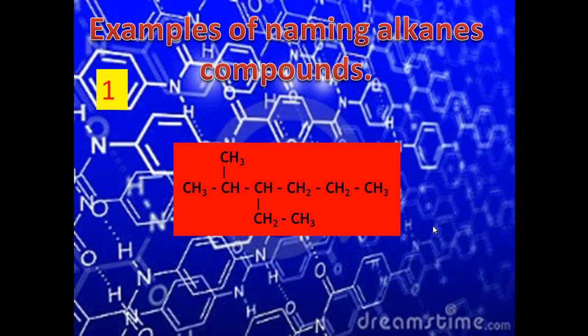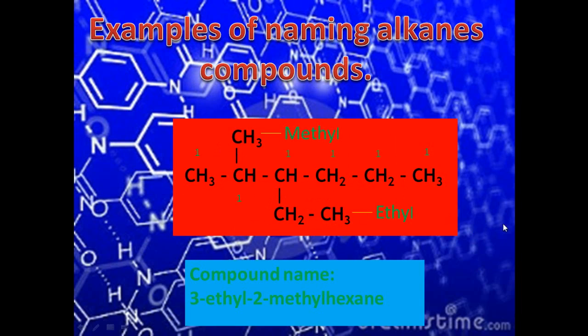Here are some examples of naming alkanes. First we have to observe and identify each of the points. Then we identify the longest chain and make the numbers, named after the mentioned elements.